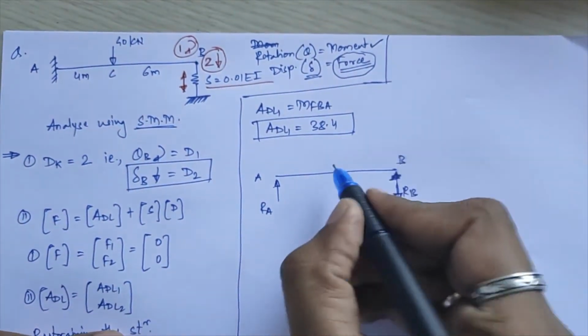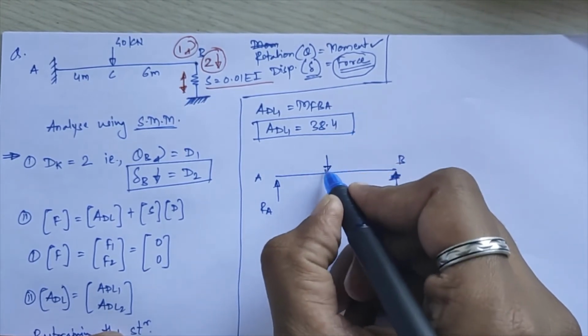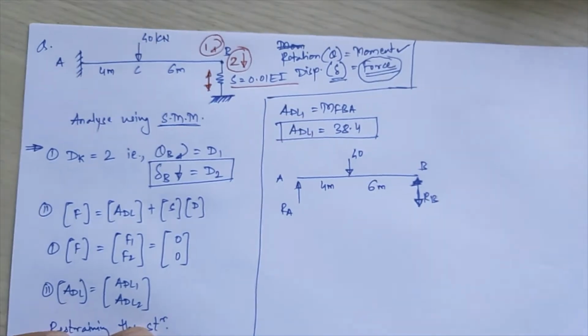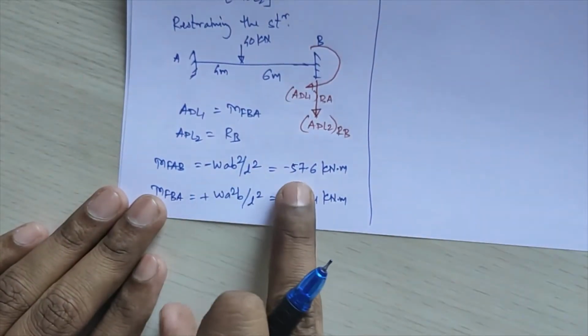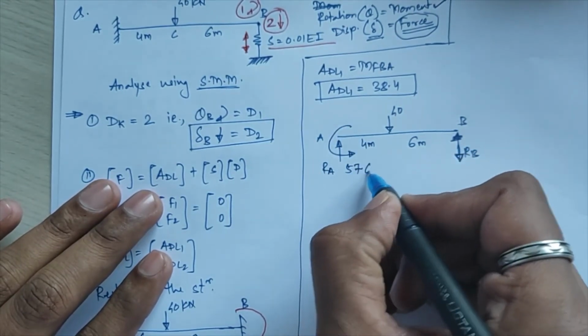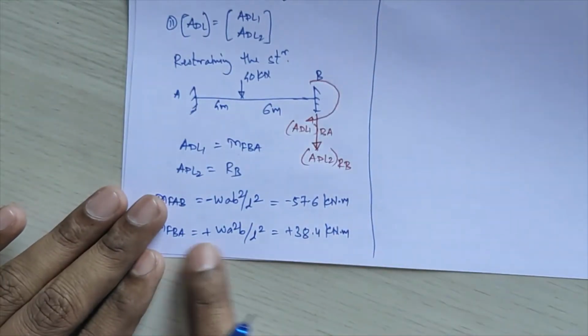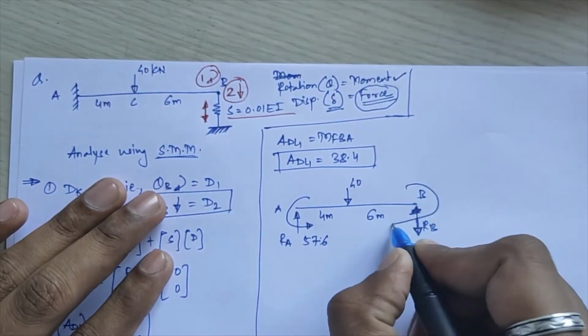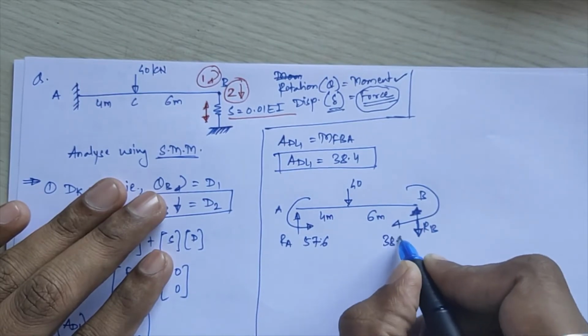Next, here loading is given to you, that is 40 at distance 4 meter and 6 meter. Along with that you are having the fixed moments here. So this fixed moment is minus 57.6, minus it is, so it will be anti-clockwise in nature. And MFBA I am getting as plus 38.4, so that will be clockwise in nature, 38.4.